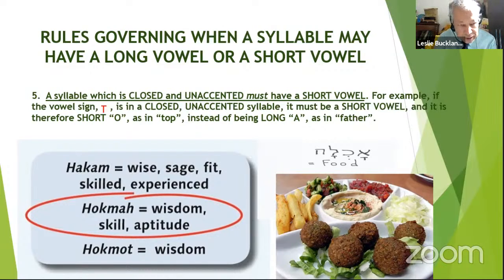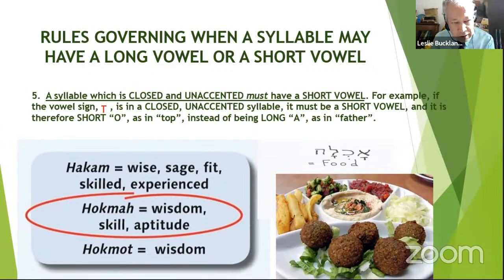Now the fact is that what is written as an O in English and as an A in English is actually the same symbol that looks like a capital T. How did the person who put this illustration together know that the first capital T represented the short O sound, and the second capital T represented the long A sound as in father? Well, here it is. Let me show you now.